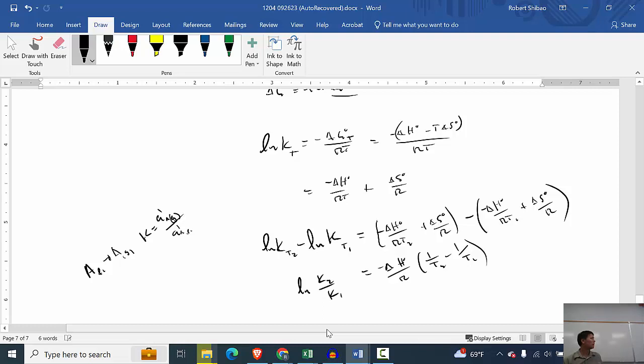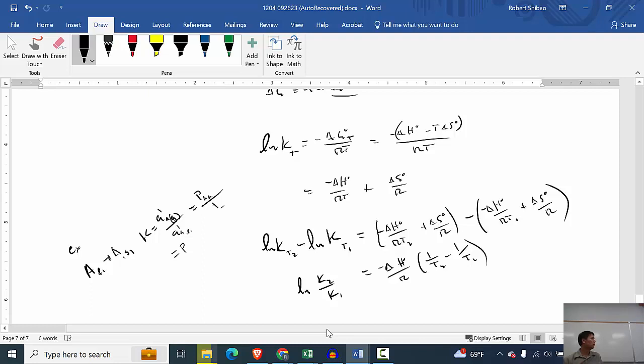And so what is the activity of a gas approximately equal to? The activity of gases is equal to the partial pressure of the gas in bar. What is the activity of pure liquid? 1. So K is just the pressure.